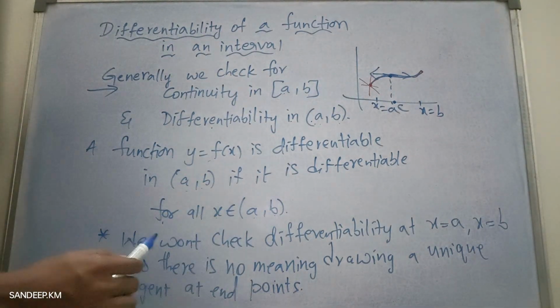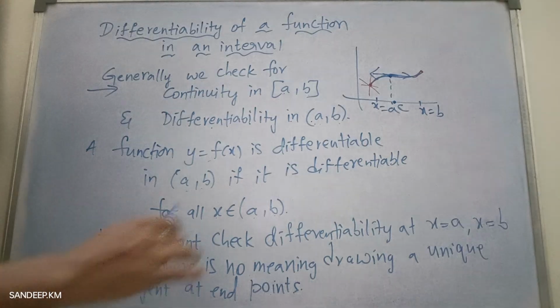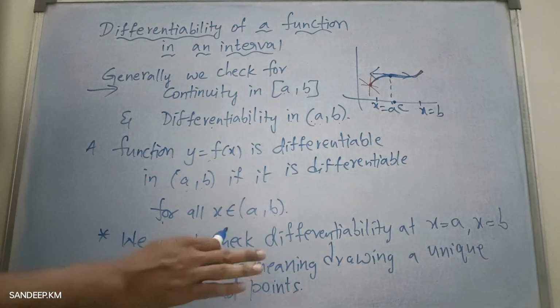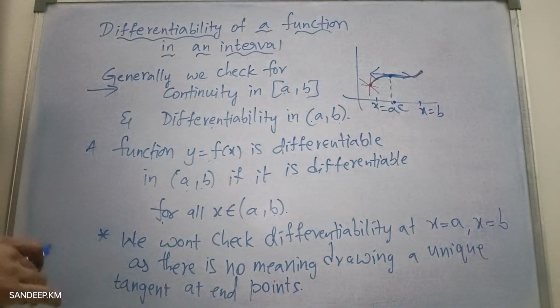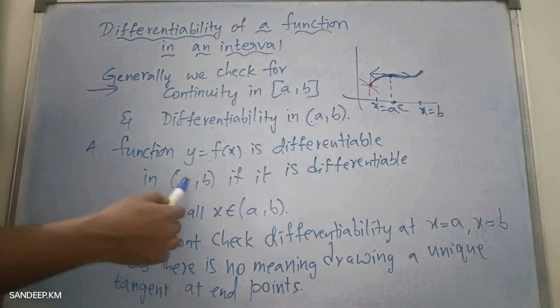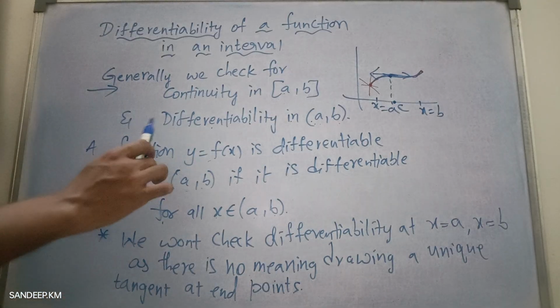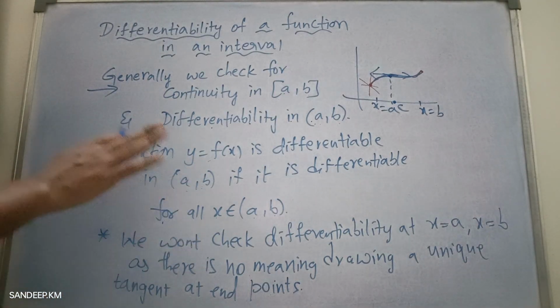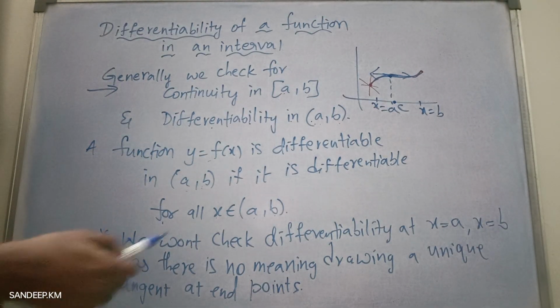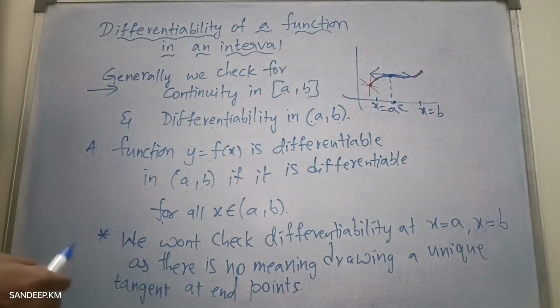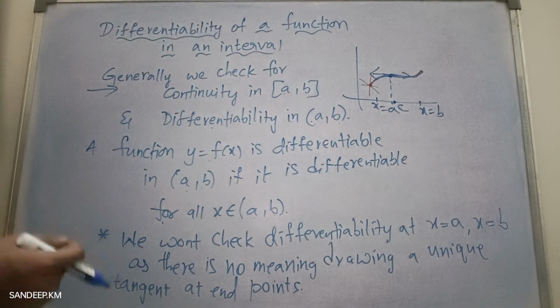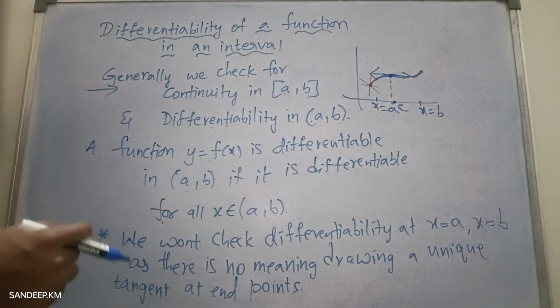Between a and b there are infinite points, and at all those inputs the function must be differentiable. In that case we say that the function is differentiable in the open interval a comma b. So this is the meaning of differentiability of a function in an interval.